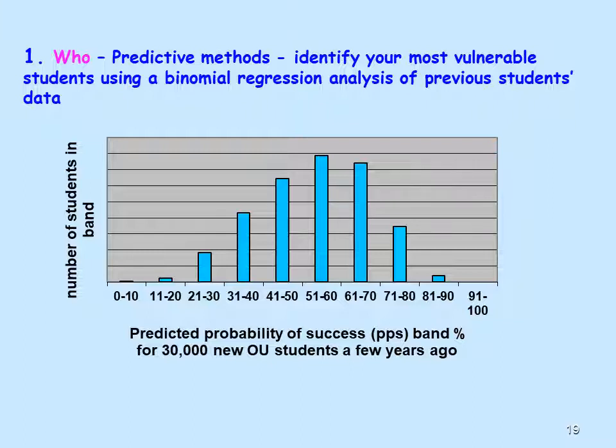This is an example of how I used binomial regression analysis in the UK Open University to predict which students were most likely to fail using the results from students in previous years. We focused our contact on all those students with a predicted less than 40% chance of success.